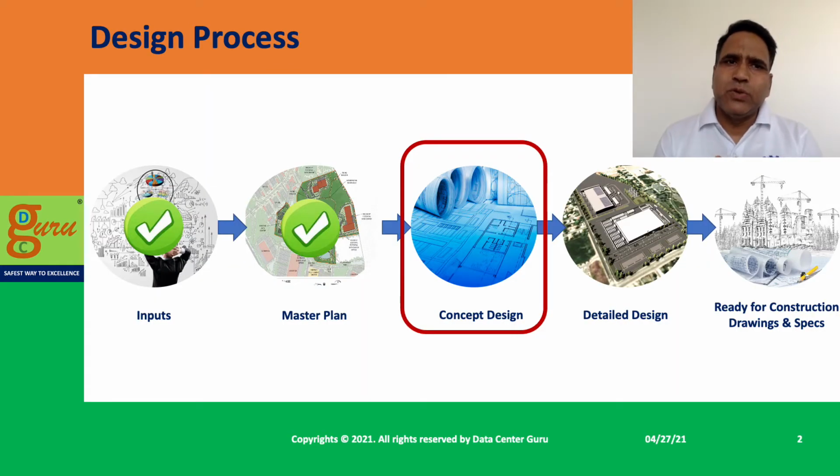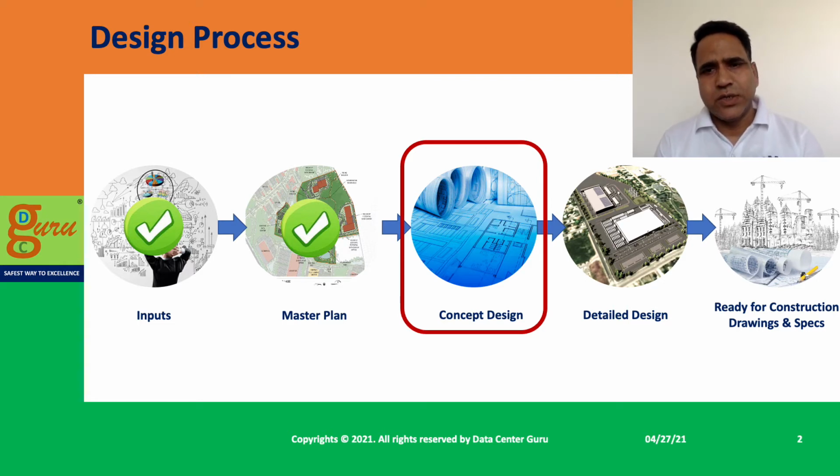So, as we know, the design process is divided into 5 stages. 2 stages we have already covered in my previous sessions. I already covered what are the different inputs required during the design phase.